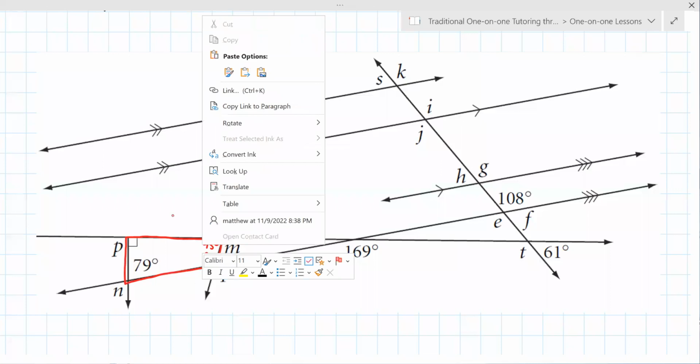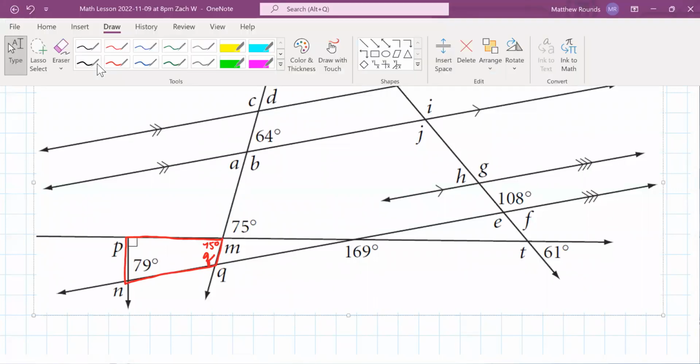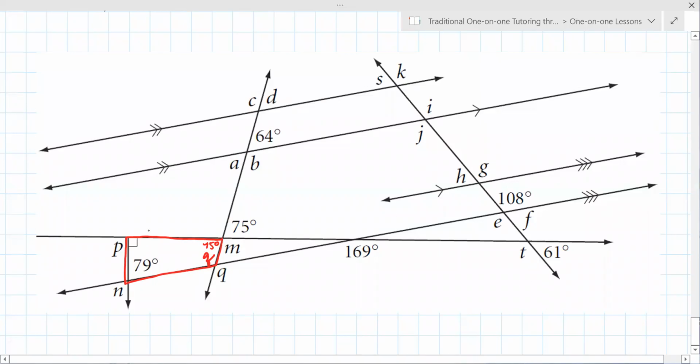I don't think you've covered this in your class, but it's not that unreasonable to ask. In a four-sided quadrilateral, the interior angles add up to 360. So you have 90 plus 79 plus 45 plus Q equals 360.